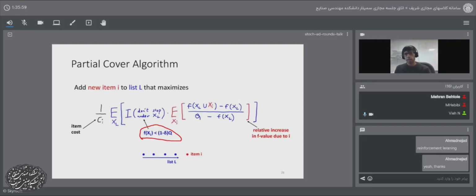So we look at the function value using only the previous items in the list, that is x sub L, and then the function value after you add item I, right? So that's this union. And you look at the increase in the function value, and you also normalize it by the remaining distance to the target. So you can think of this red term over here as a relative increase in the function value when you add item I. So that's where the score comes from. And in each step, we add the item that maximizes the score, and that builds our non-adaptive list.